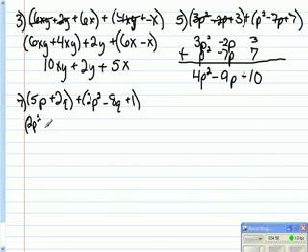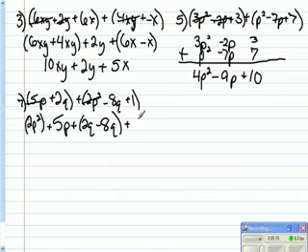So I'm going to put 2p squared and nothing else goes with that. I don't have anything that matches it, so I'm going to put it first and just leave it alone. And then I have 5p. Nothing matches that either. Then I have 2q and negative 8q. And then I have 1.